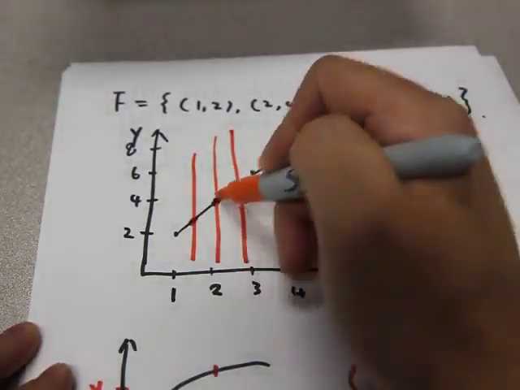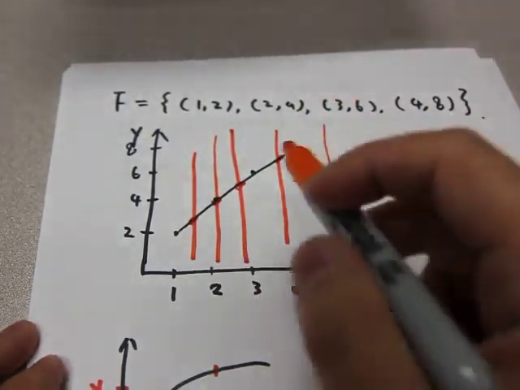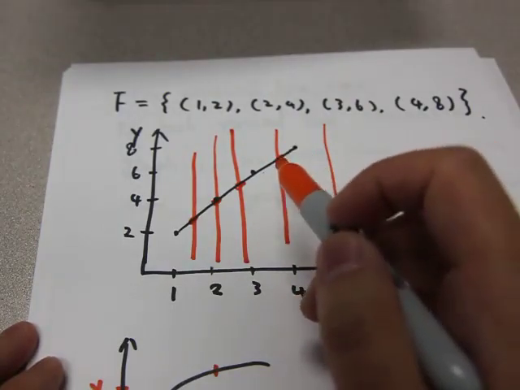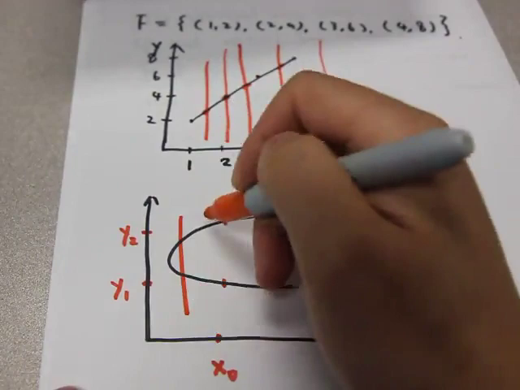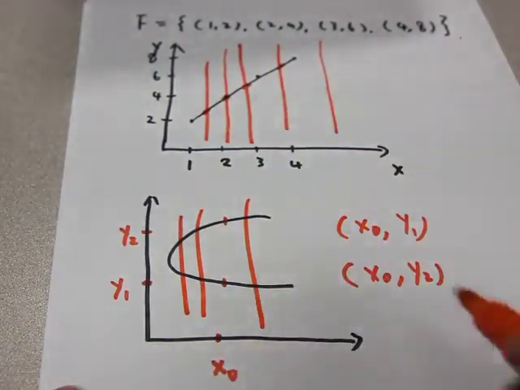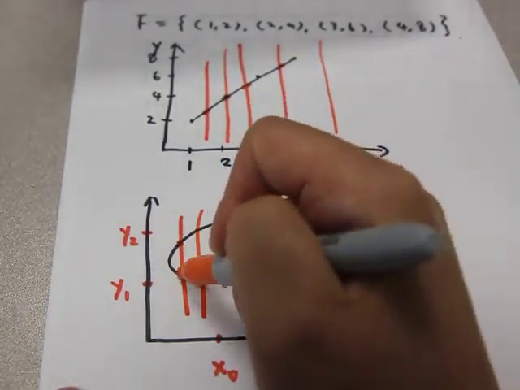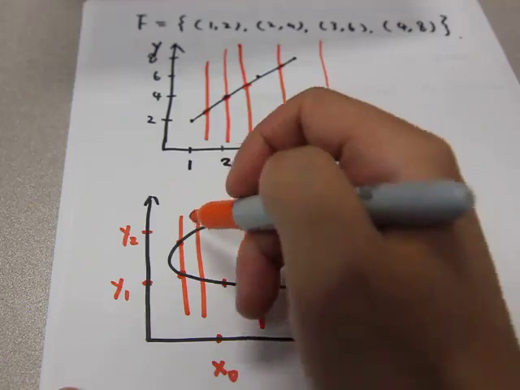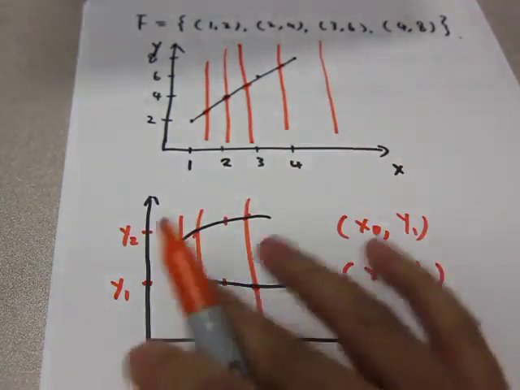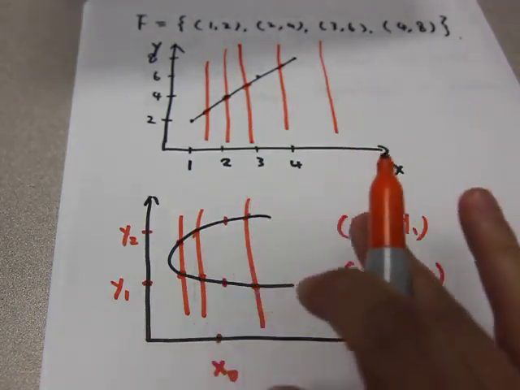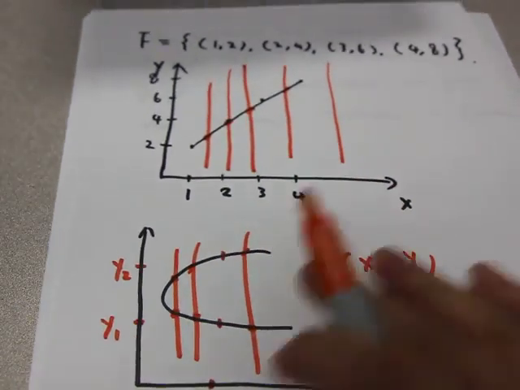At most one point. So therefore I know, okay, this graph represents a function. And for this example, you see the vertical line intersects at 2 points. So therefore this graph doesn't represent a function. This is not a function.